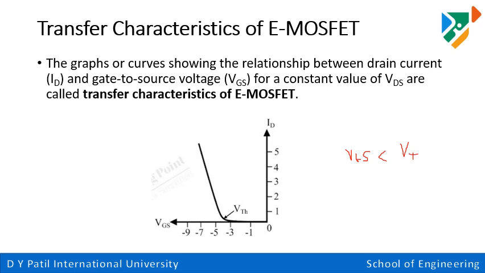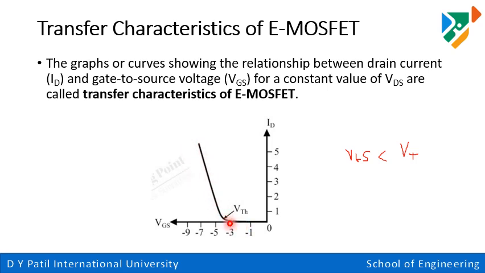The channel will not have formed and your drain current becomes zero. So for VGS less than VTH, my drain current is zero. This is because no significant channel is induced between the source and drain region to support the flow of charge carriers.